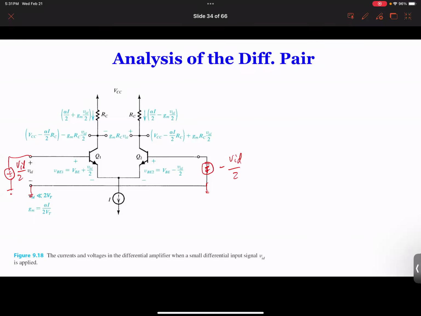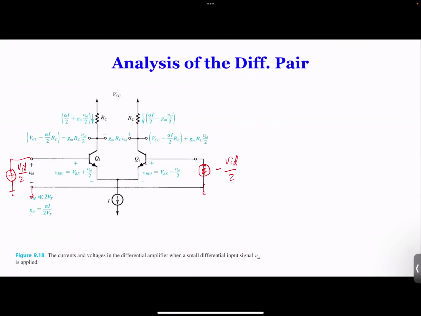The symbol here is VID: I is input, D is differential. The previous one was called VCM, which means common mode. So we have 1/2 VID on the left-hand side, and minus 1/2 VID on the other side.